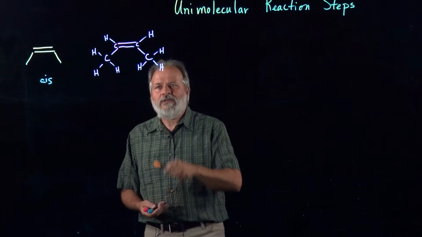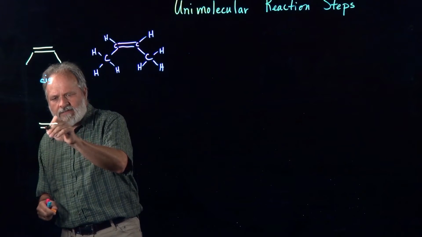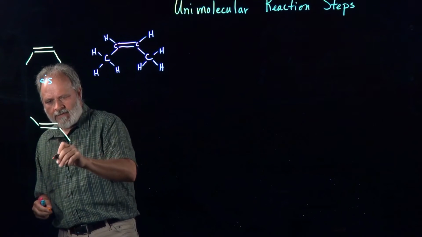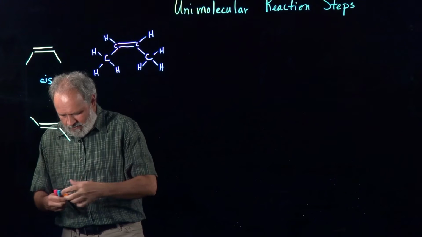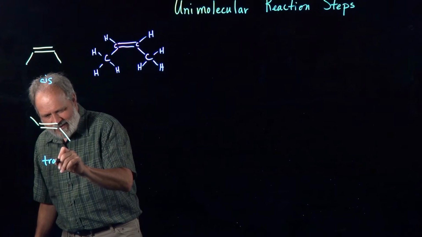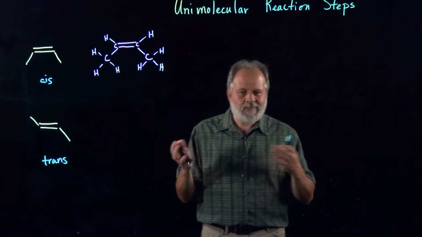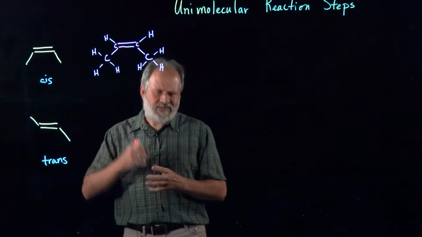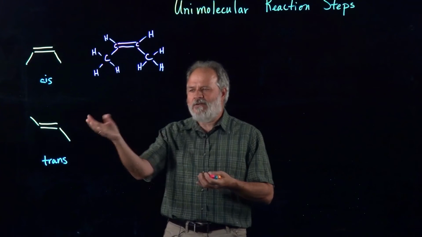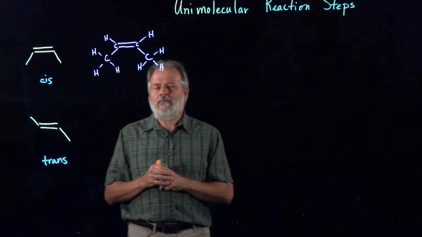And the other way we could have drawn this compound is called trans. All right, and of course, trans is all in the news in 2016 for various reasons. And so actually people talk about transgender and cisgender now. And it's all based on the chemistry of organic compounds, particularly the double bond.